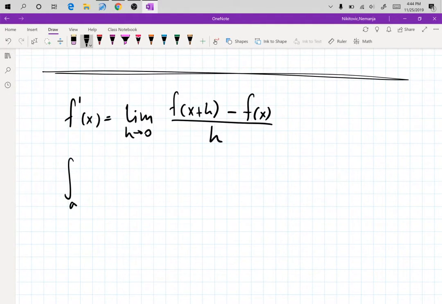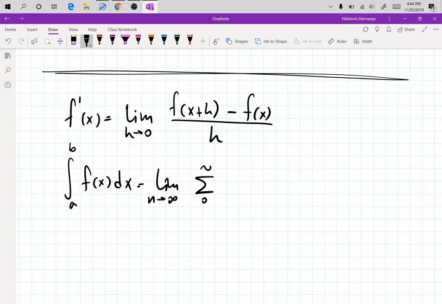The integral from a to b of f of x dx is given as the limit as n goes to infinity of the summation from 1 to n of f of xi times delta x, which is a dx.